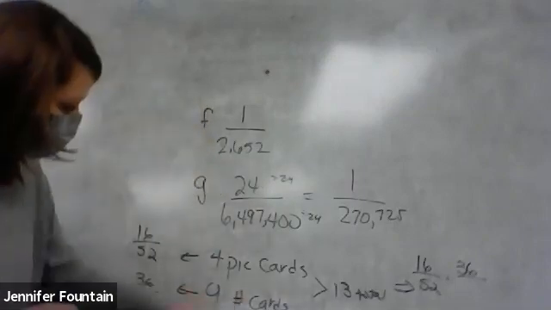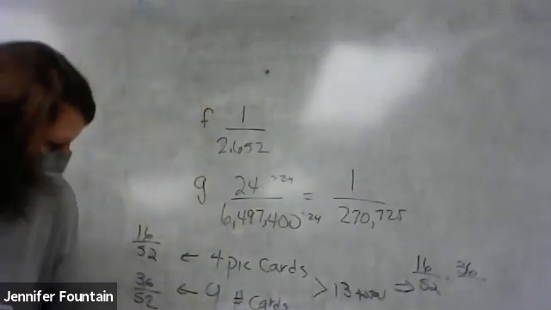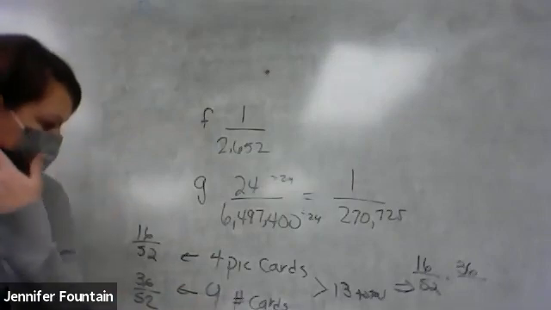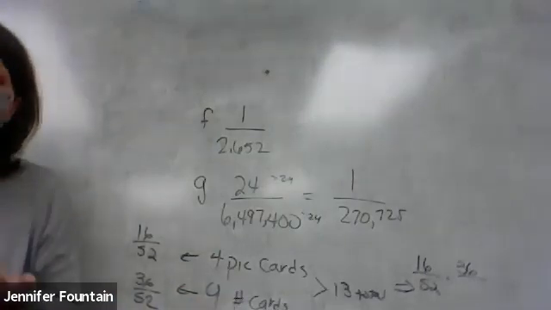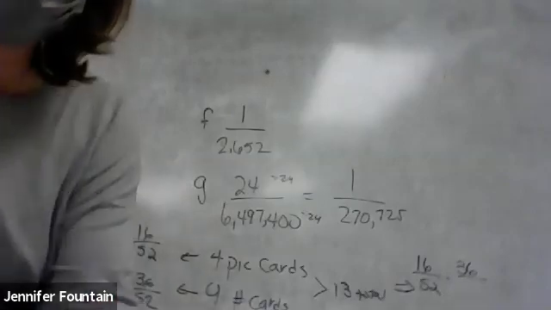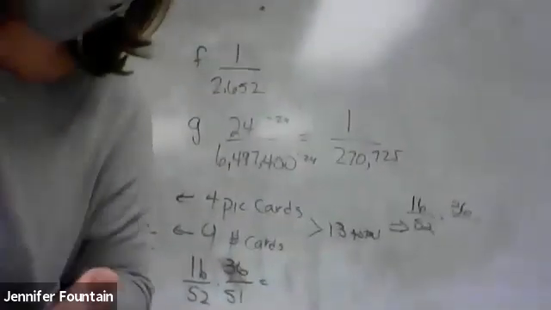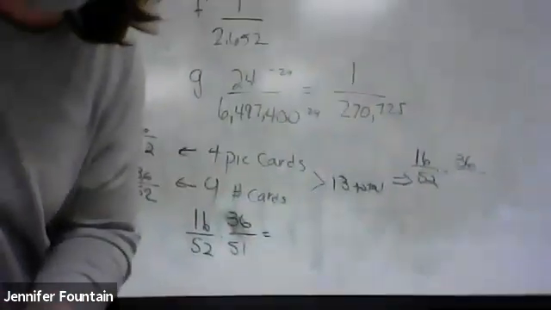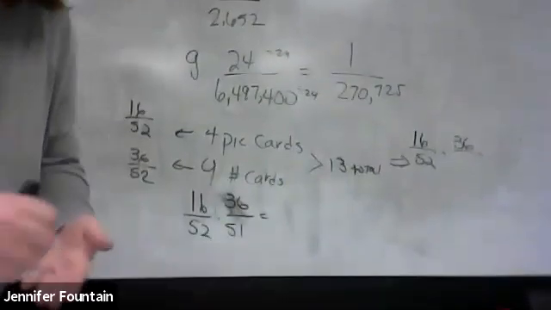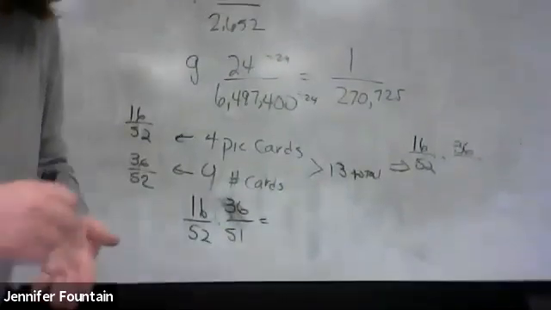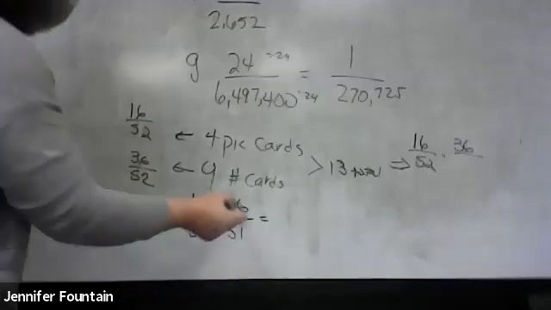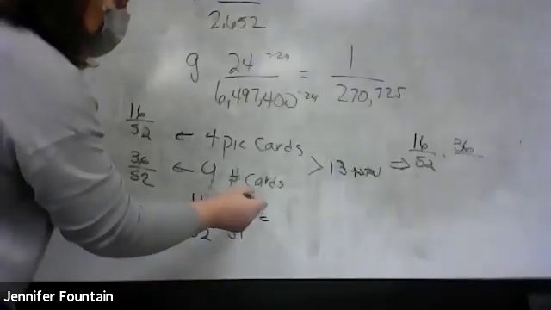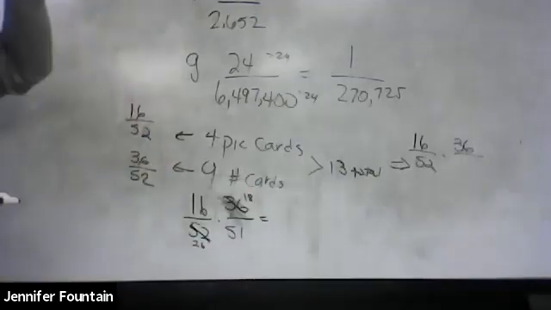So now we've got 16 times 36 over 52 times 51. When I'm working with these, if I can simplify before I start multiplying, that's always helpful. Notice here 36 and 52 are both divisible by 2, so that would be 18 and 26.